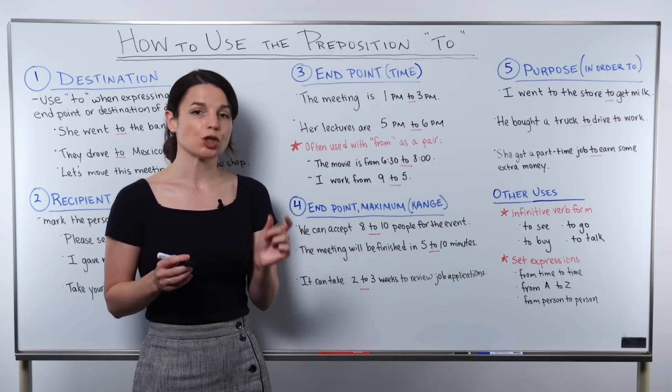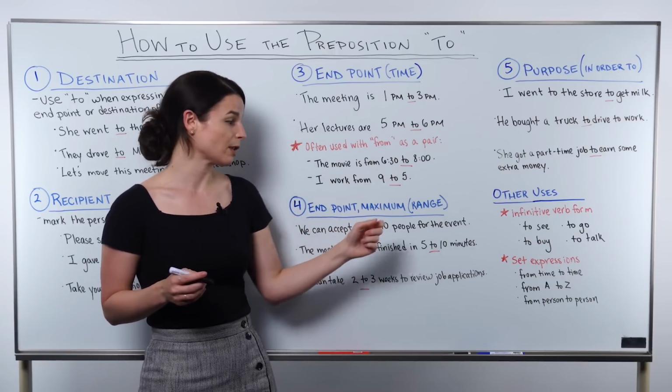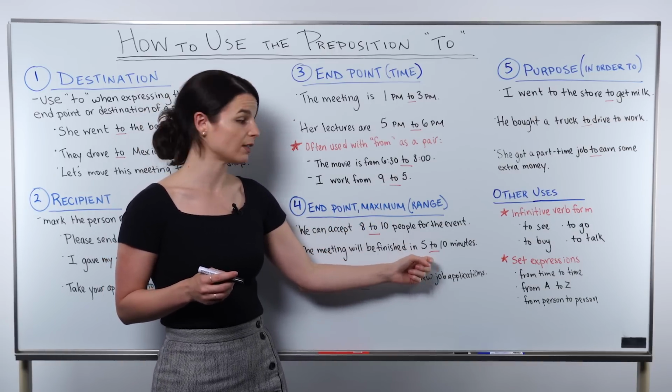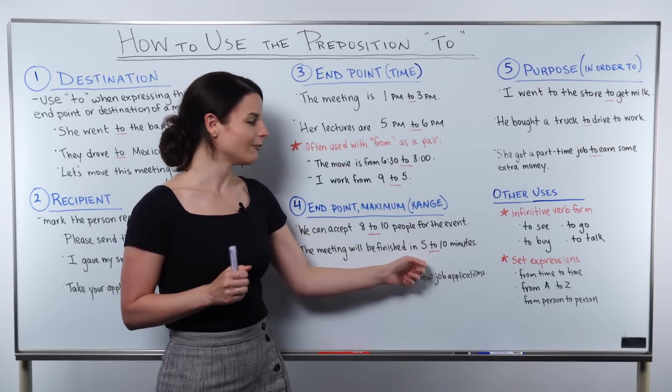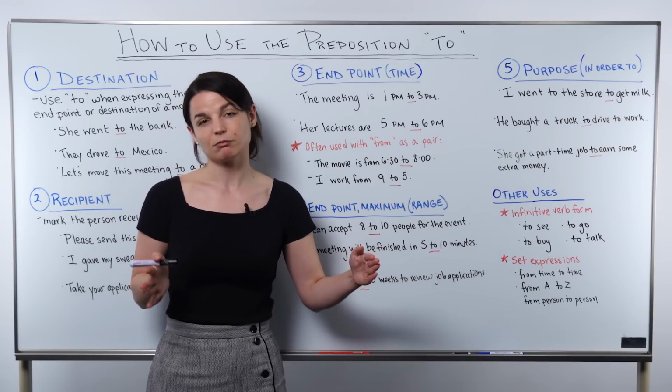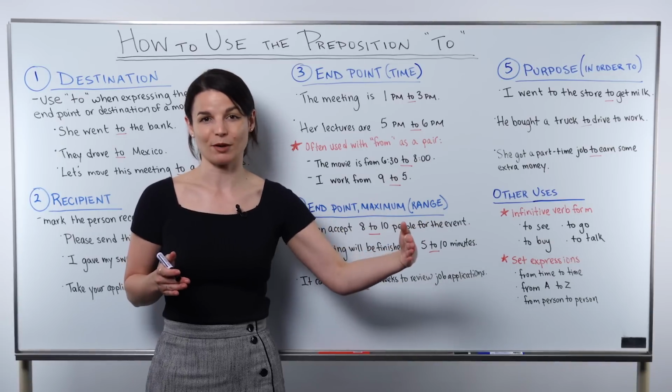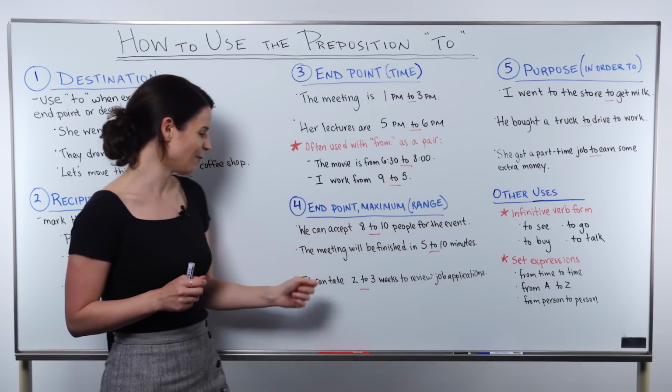You can use "to" before the end point or the maximum point for your range. So this is a very, very useful use of "to." So 5 to 10 minutes gives us the rough start point and the maximum point for our range, the end of our range.